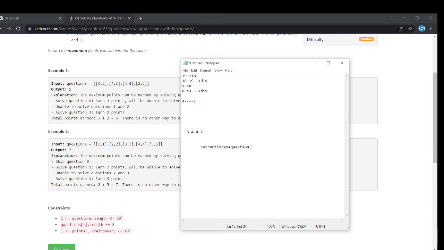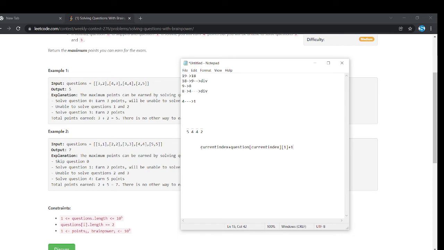That means we can't solve these two questions from here. So if this is 1, then 1 plus 2 is 3. So 0, 1, 2, 3. Till 3 we can't solve, so only after 3 can we solve questions. So we can do something like this.